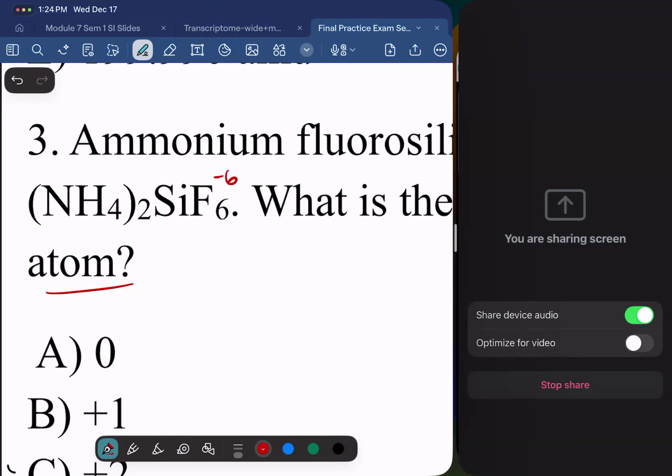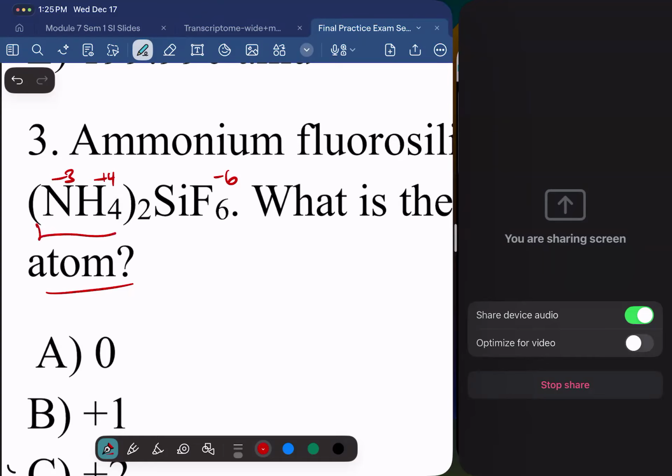And then likewise, there's a couple ways you can go about this. One is you can try to figure out the oxidation states of nitrogen and hydrogen. Hydrogen is always +1, so the overall charge there would be +4, and then nitrogen would be -3. With nitrogen, it's typically -3.